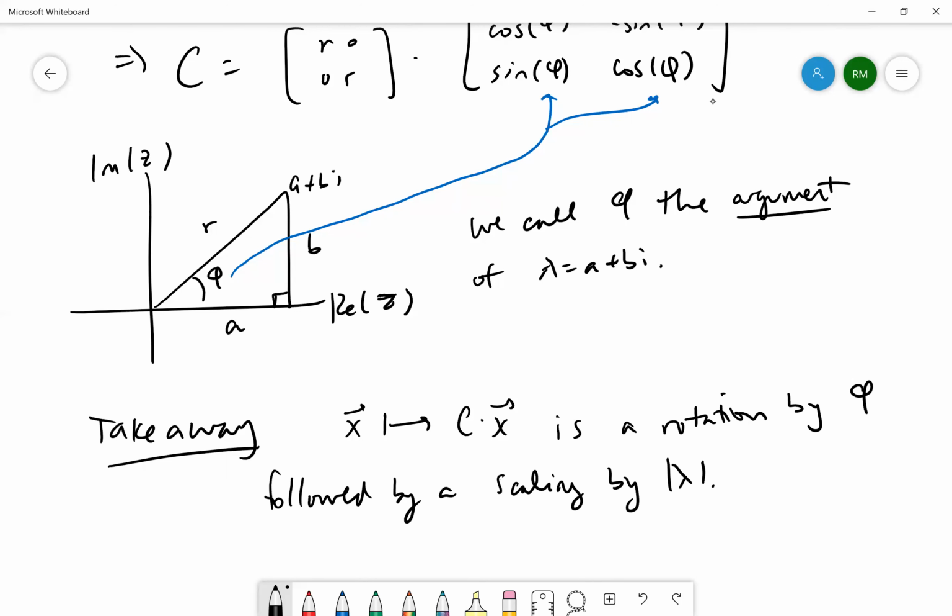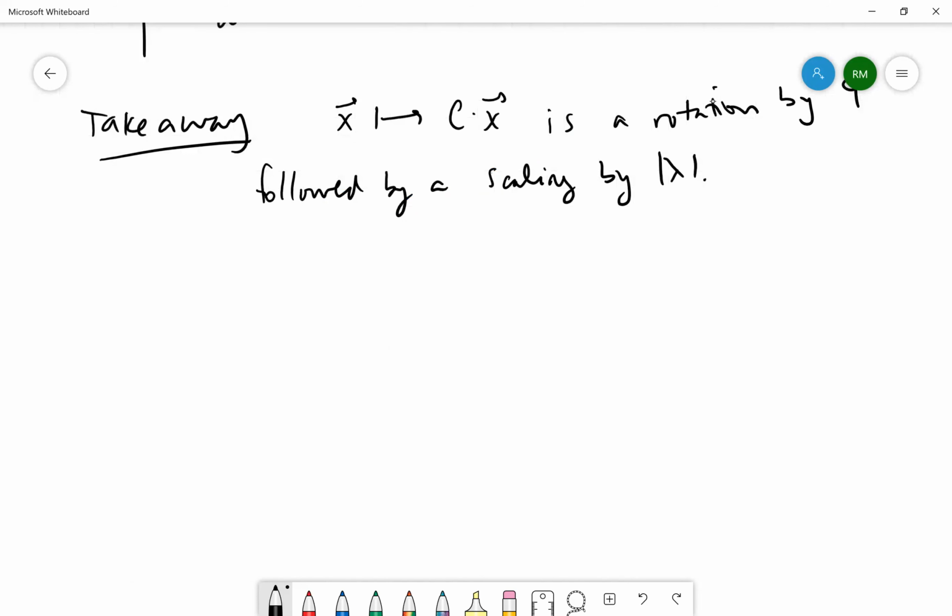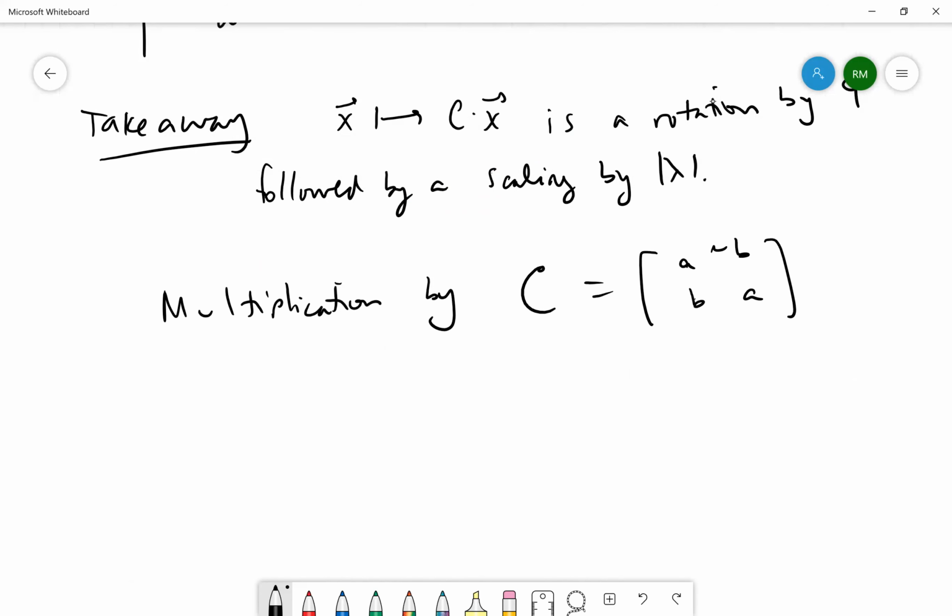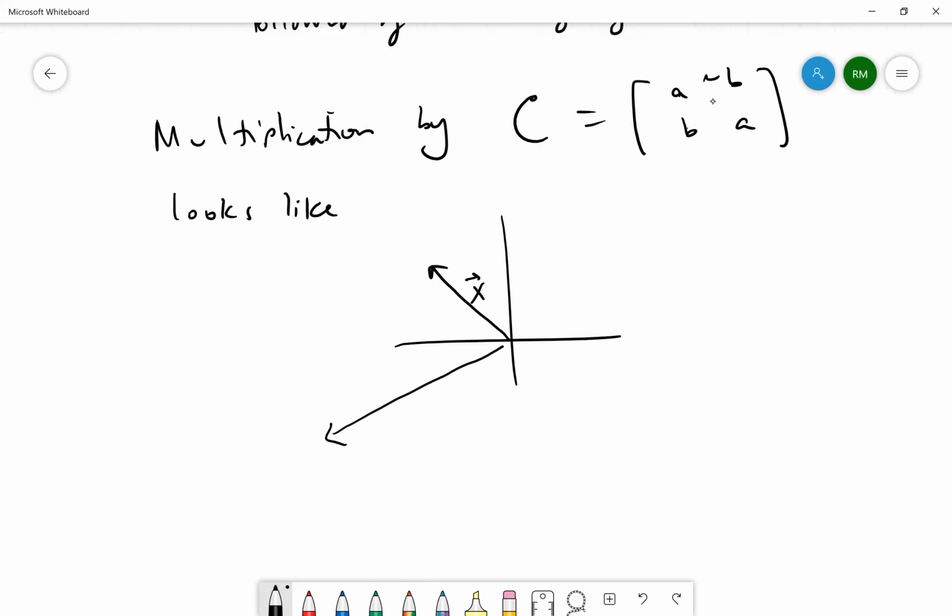So let me draw a picture to show you this again. So multiplication by C looks like this. If I have a vector x, then to get Cx, I first rotate by phi, and that comes down to here.